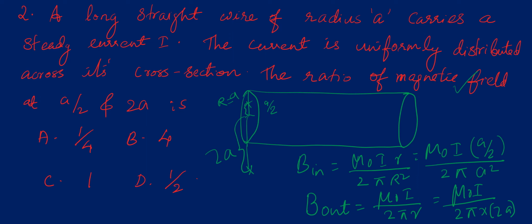So when we take the ratio B at A by 2 divided by B at 2A, that means B inside by B outside, you will get 1. So the correct option is option C.